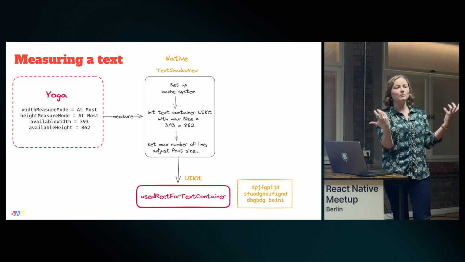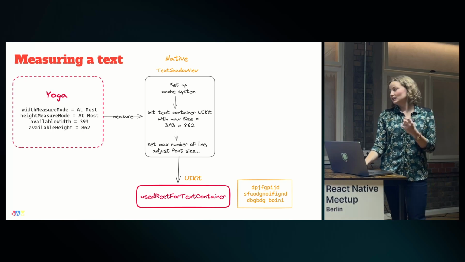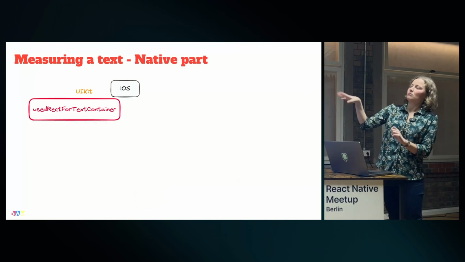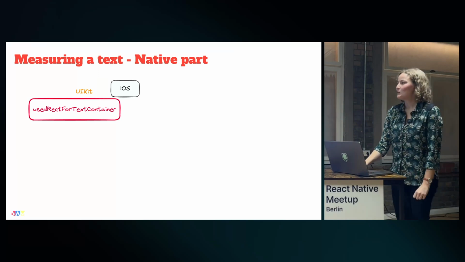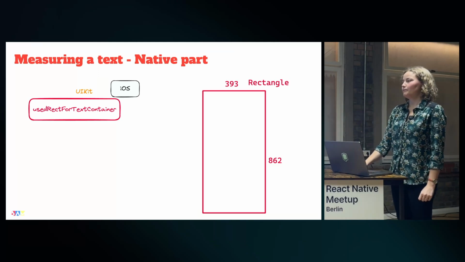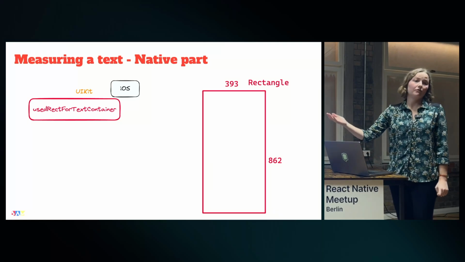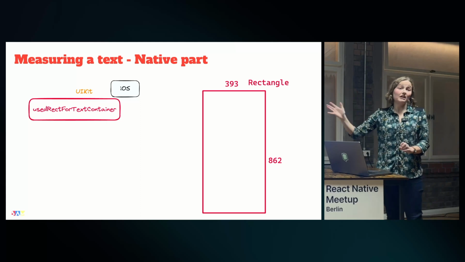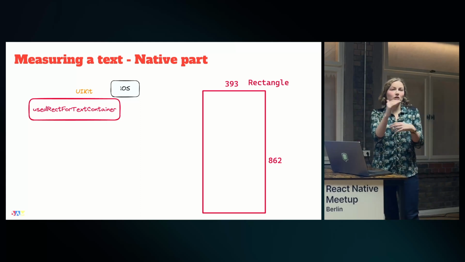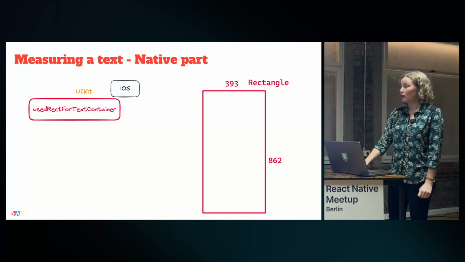I think the naming is pretty straightforward, but let's just draw it because you might have noticed I like drawings. What's happening? You draw a rectangle with the constraint you receive from Yoga. So we are still with the device dimension here because we still had no constraint above or below or whatsoever.